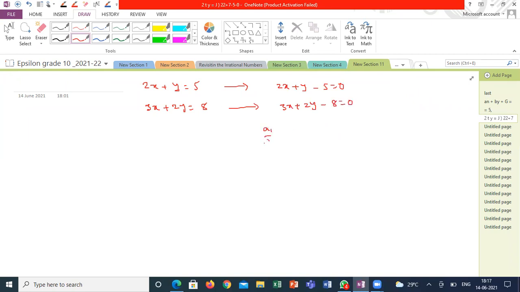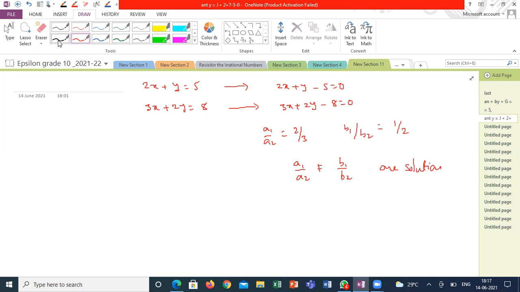So a1 by a2 is equal to 2 by 3, b1 by b2 is equal to 1 by 2. So a1 by a2 is not equal to b1 by b2. So it is having only one solution. Will you agree with me? Correct or not? Yes, sir.